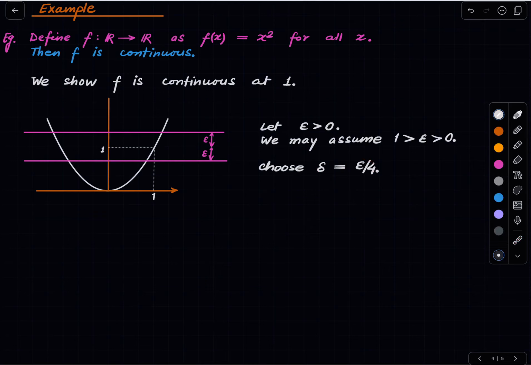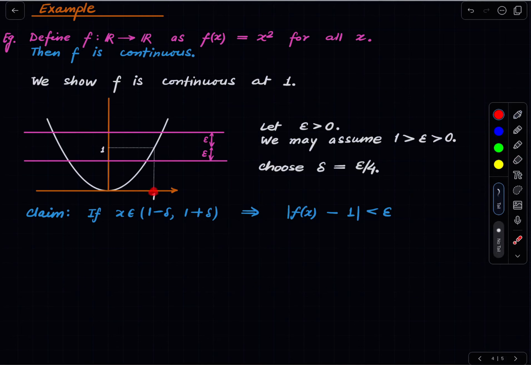Okay, so what do we need to prove to establish the Epsilon-Delta criterion? We claim that if x is in this region, 1 minus delta, 1 plus delta, then this is the case.